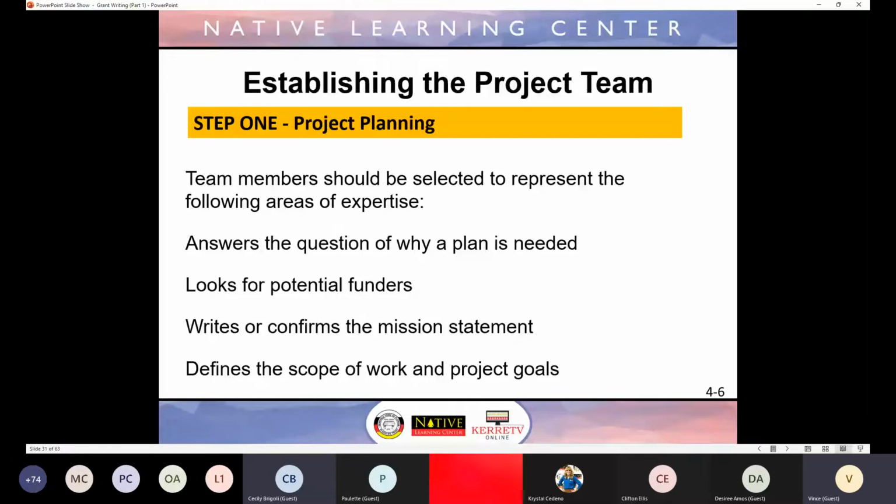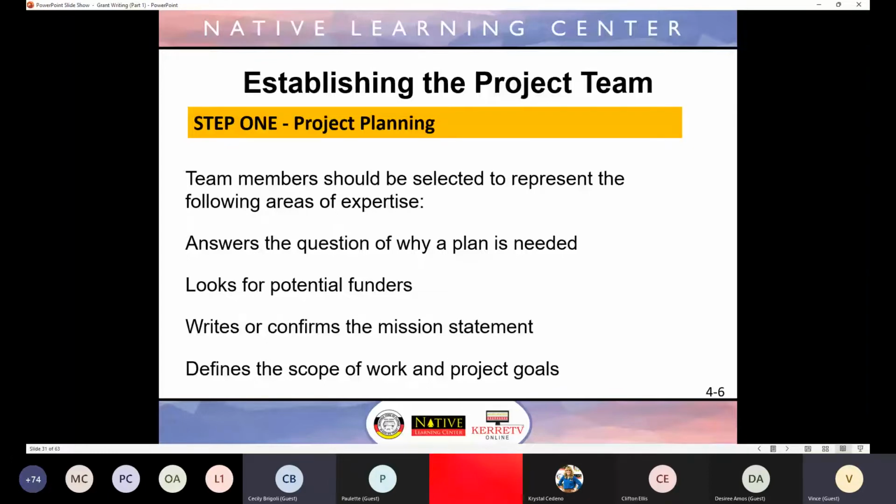They know what your mission is, what the initiative is, etc. Team members should be selected to represent different backgrounds. Even if you're doing something specific like Indian housing block grant, you still need people outside the organization perhaps, or within, that have different levels of knowledge.